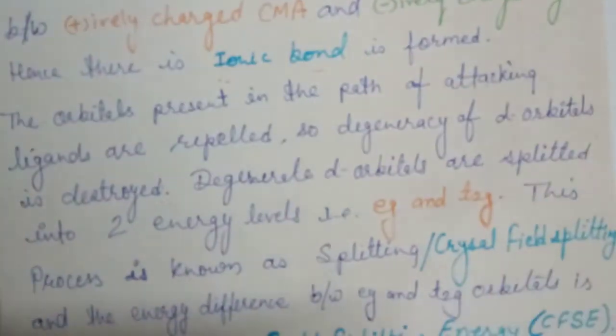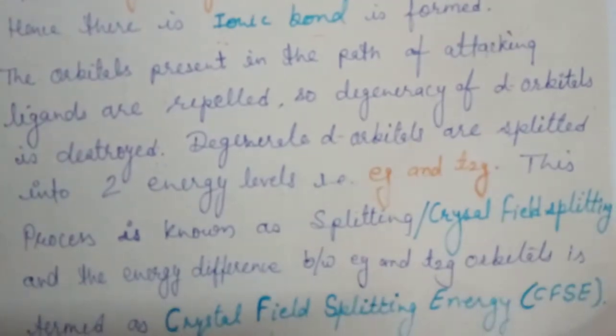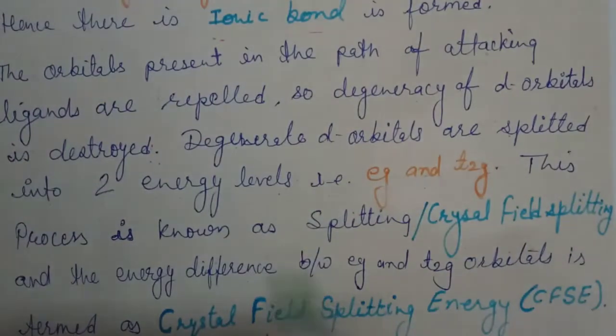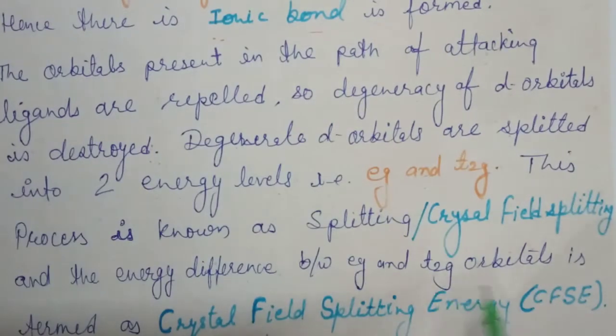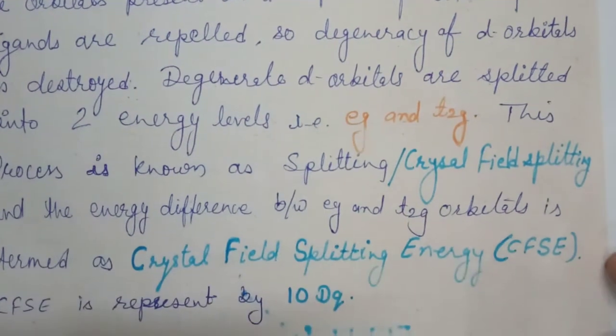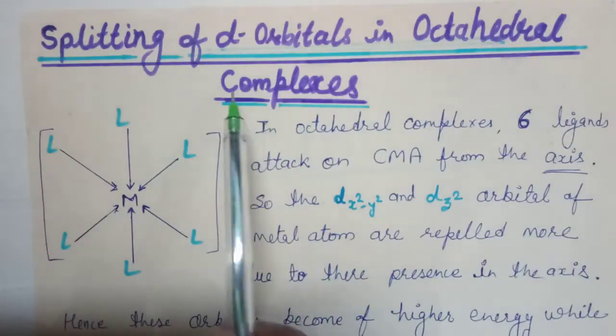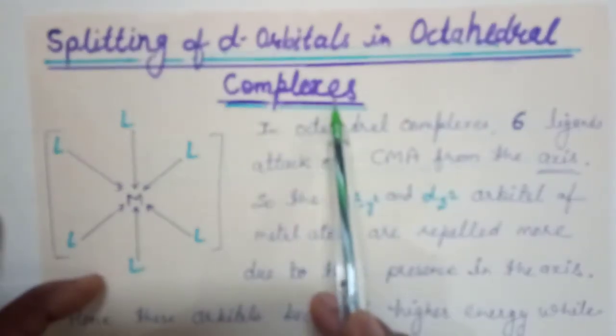Okay, this process is known as splitting or crystal field splitting, and energy difference between Eg and T2g orbitals is termed as crystal field splitting energy, and this is represented by 10 Dq. Okay, clear? Now we will see the splitting of d orbitals in octahedral complexes.